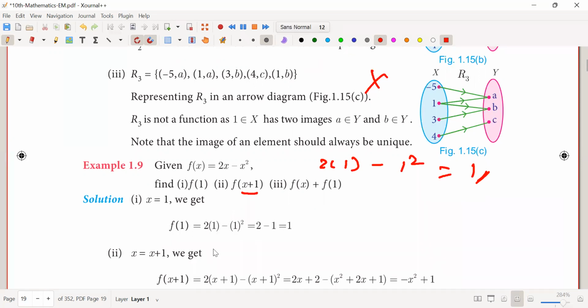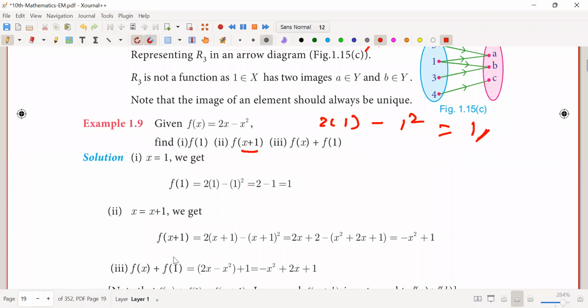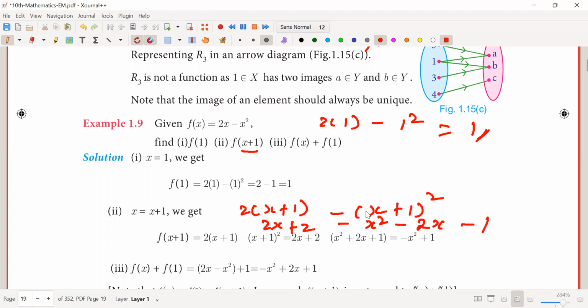So 2 into x plus 1 minus x plus 1 whole square. 2x plus 2 minus x squared minus 2x minus 1. I am expanding x plus 1 whole square using the a plus b whole square formula and multiplying with 1.